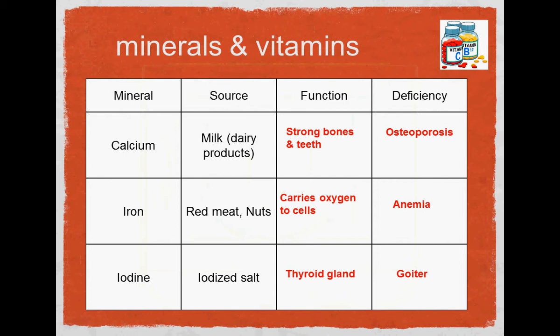Sometimes a person with an underactive thyroid gland, called hypothyroidism, may tend to gain weight very easily because their metabolism is very slow. A person with an overactive thyroid gland may have a very high metabolism, and they may not be able to keep weight on and be very thin because of those conditions with their thyroid gland. And there's medicine you can take to regulate those thyroid gland hormones.